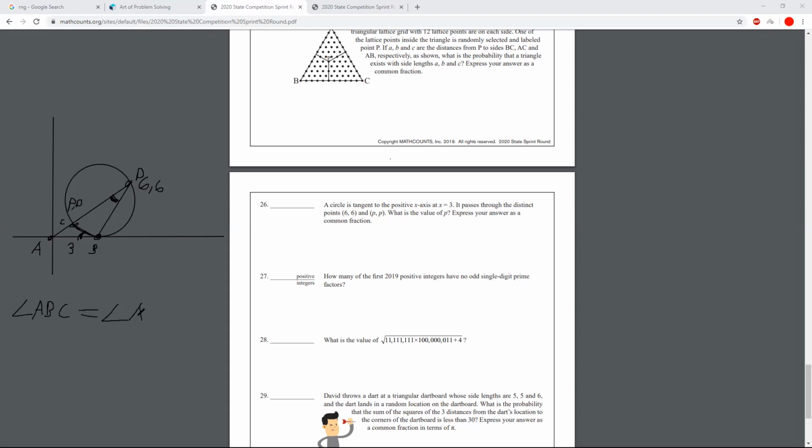So angle ABC is equal to angle ADB. And then we know that, obviously, angle CAB is equal to angle DAB because they're just the same angle. If we look at it, they're the same exact angle.